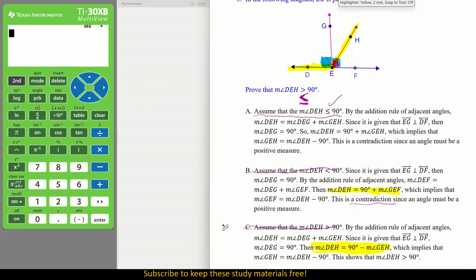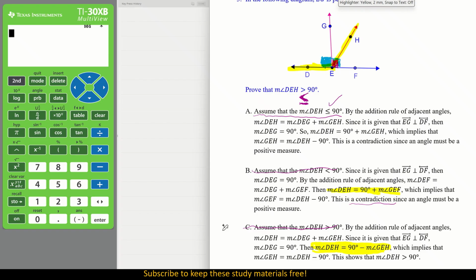Very true. So the measure of DEH equals 90 plus the measure of GEH. Very true. Which implies that the measure of GEH equals DEH minus 90 degrees. That's very true.